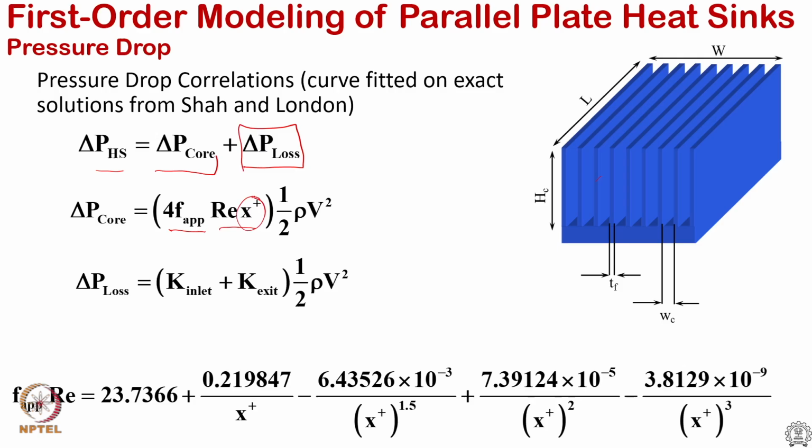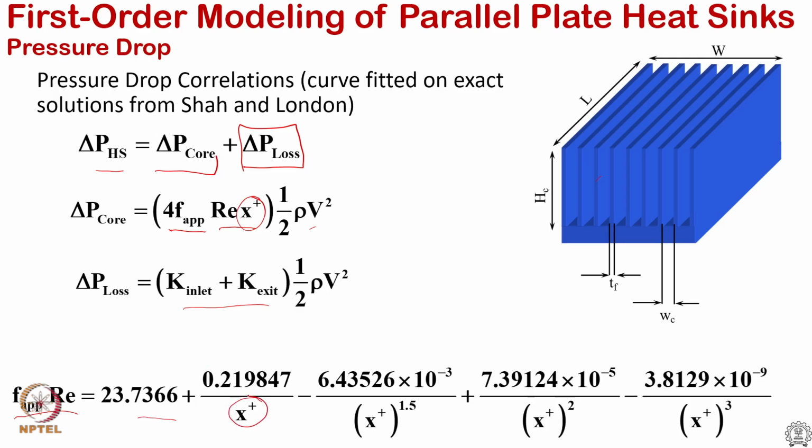This is the development length based Reynolds number, half rho V squared. V is the velocity that is entering. The pressure loss at the inlet and exit are also taken into account, and friction factor for a parallel plate channel, for a rectangular duct type channel, is given by this expression in terms of development length.